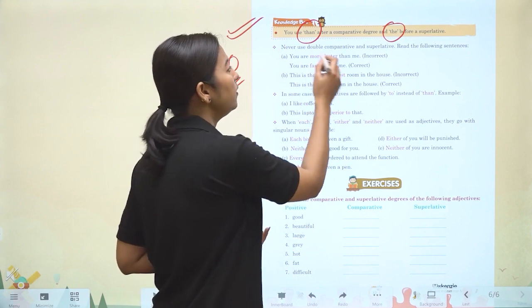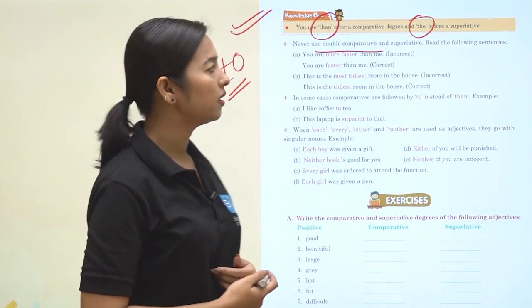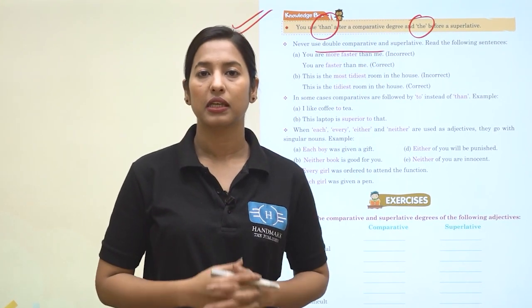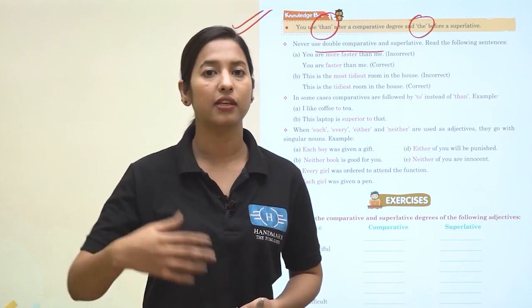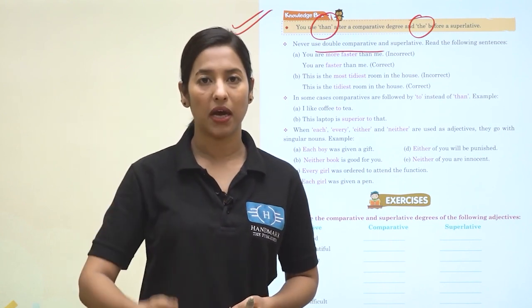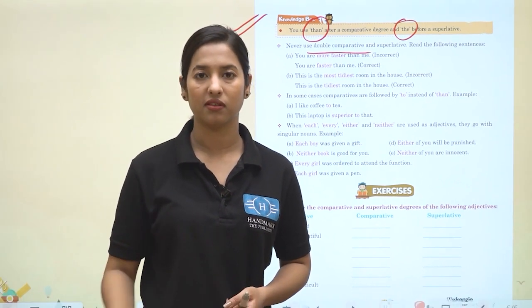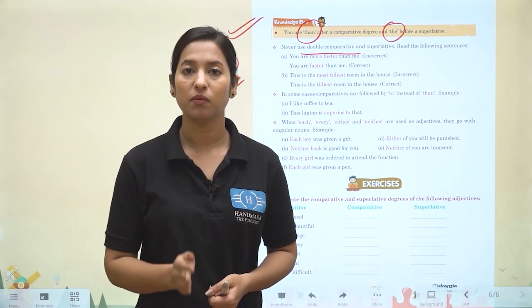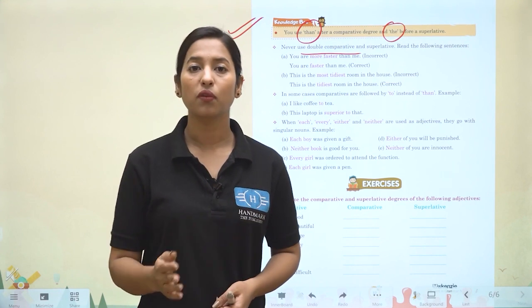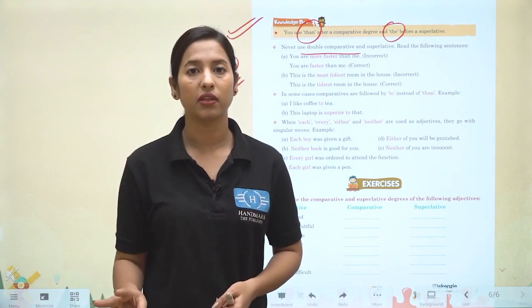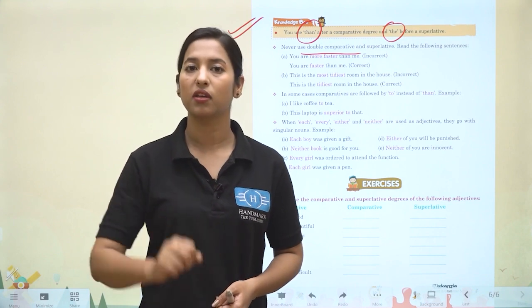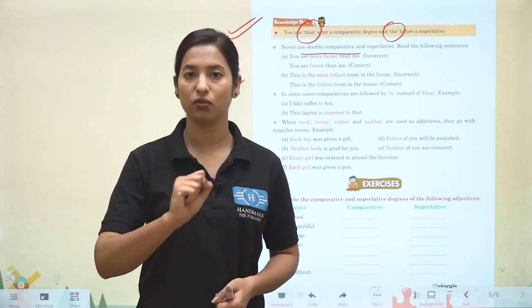So now, never use double comparative and superlative degree. What does it mean? It means that there are some different words we use in different cases for comparative and superlative degrees. But we should keep it in mind that we do not use two comparative degrees together or two superlative degrees together, or even comparative and superlative degrees together.